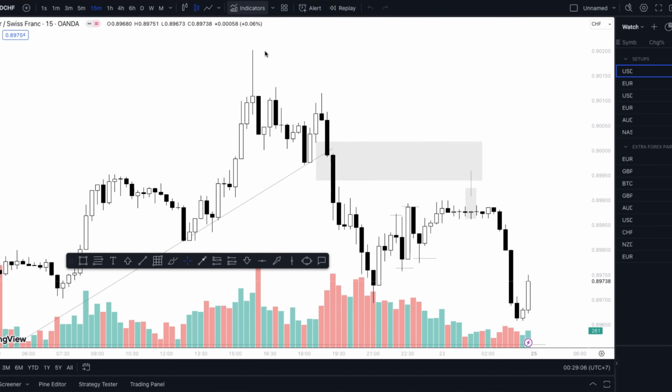When you look under each category, under non-commercial, aka the institutions and the hedge funds, it will tell you their actual contracts, their positions inside of the Forex market. So their longs, their shorts, their buys and sells. And these positions are updated every single week.